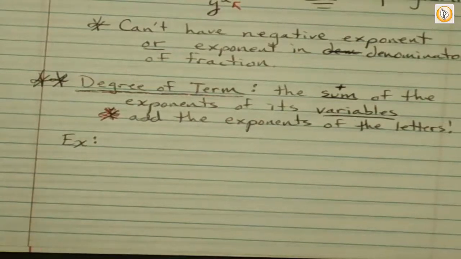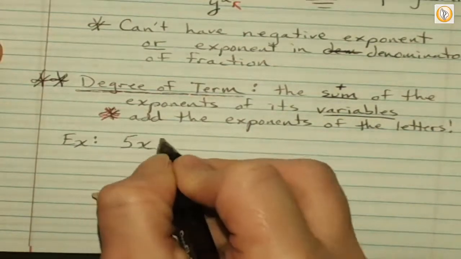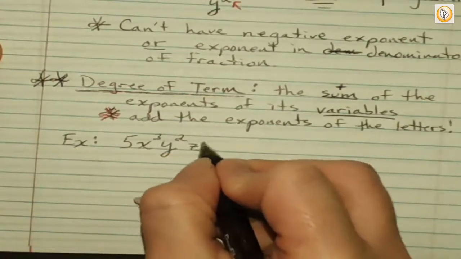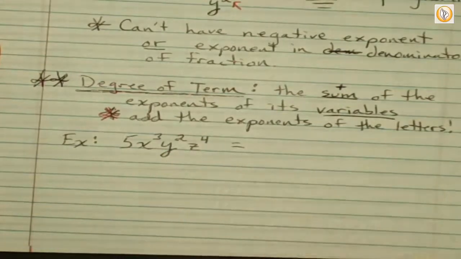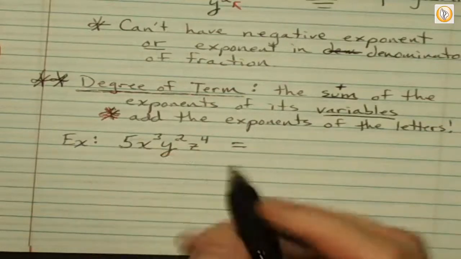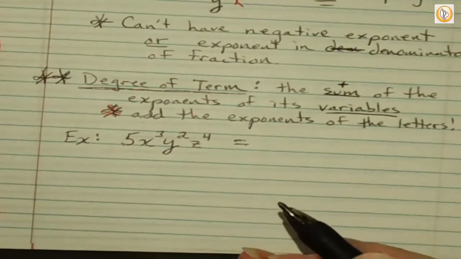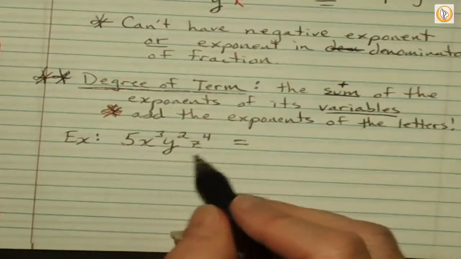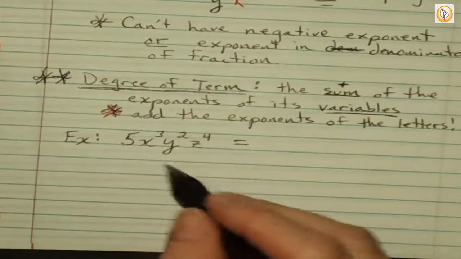Good question. Okay, so for example, here's a term. What kind of polynomial is this? Oh, trinomial? No, one, sorry. Monomial. That's one term, guys. There's no plus or minus sign in between there. So that is one term.